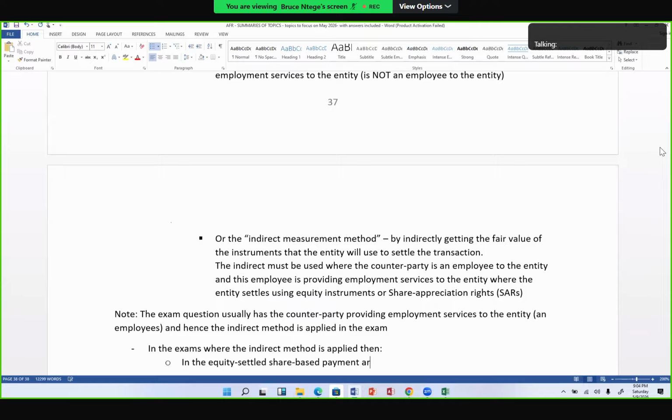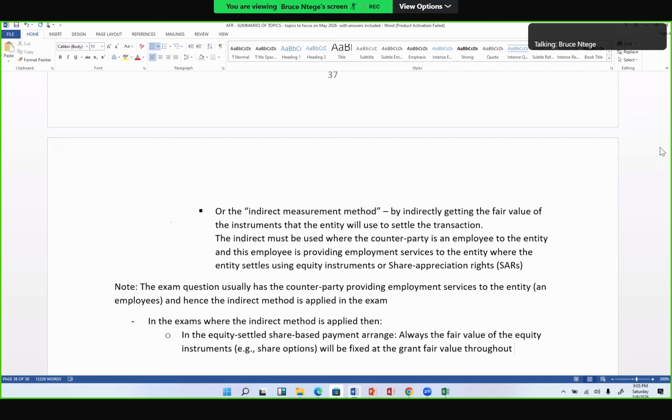throughout the vesting period. So every year throughout the vesting period, we shall continue to measure those equity instruments indirectly based on the fair value of those share options on the grant date. Okay, so this will be throughout the vesting period. So it means don't change that fair value. Even when the examiner says, in the next year, the fair value of the share options was now a different figure.